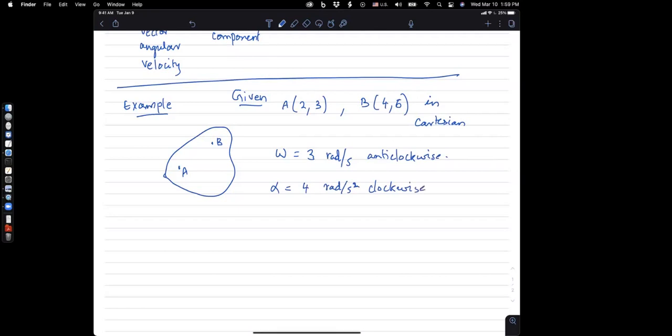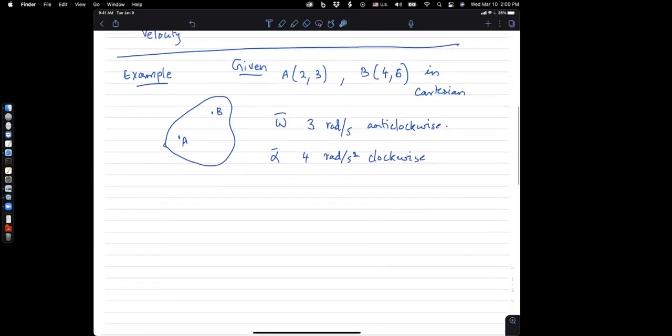Let me say it differently. This is omega vector, because I'm giving the direction as well. I'm going to call this a vector here.